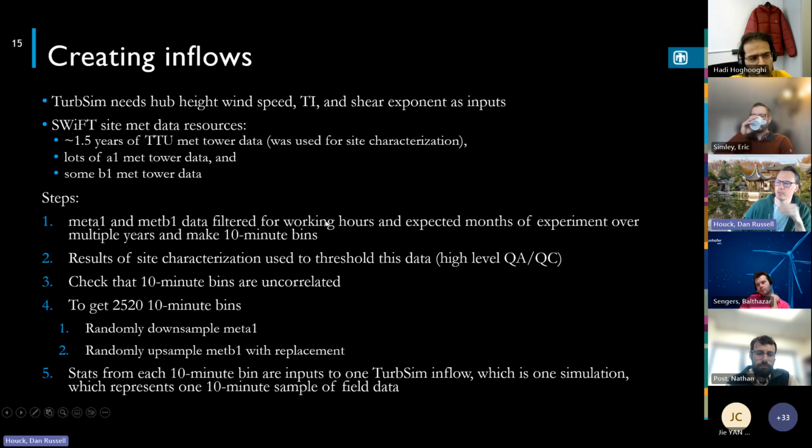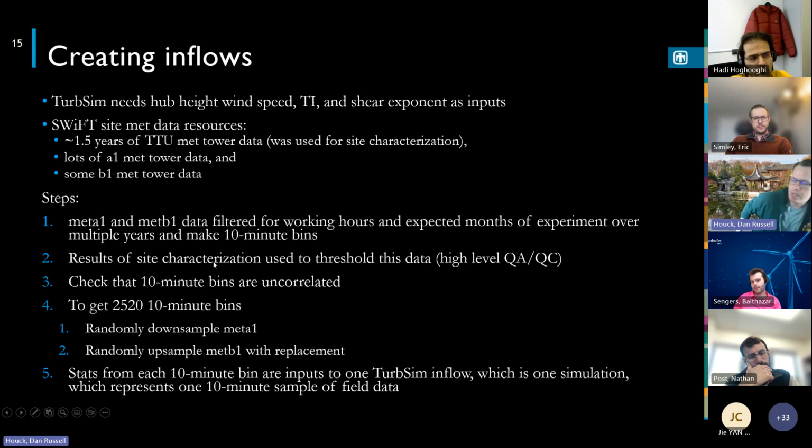Instead of doing a more involved QA/QC of the time series of all the Met data, after binning the data we looked at the statistics of each bin and then used our site characterization to create thresholds. If a particular bin had a TI higher than what the site characterization said the TI ever was, we threw it out as probably erroneous, and similar for the other quantities.